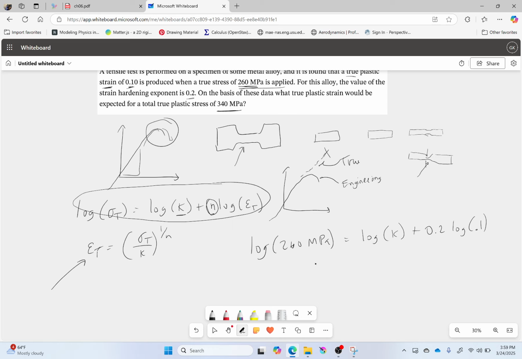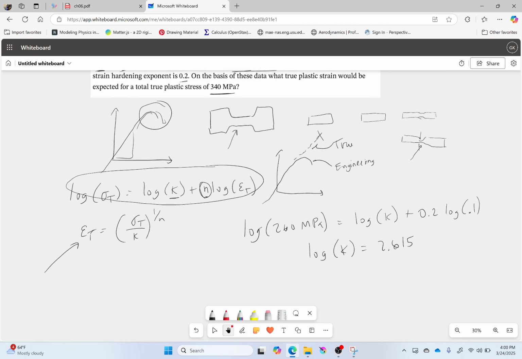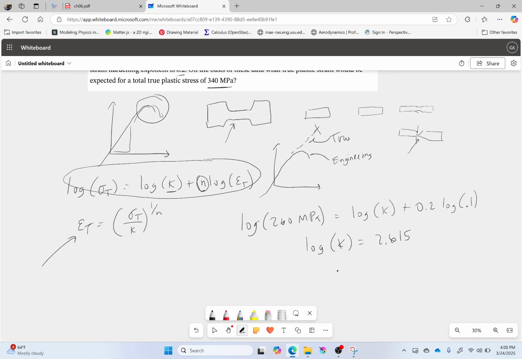What I get from that is that log K is equal to 2.615. So what is K? I have to take 10 to the 2.615 power, which comes out to be 412 megapascals. It comes out to the same units as this one.